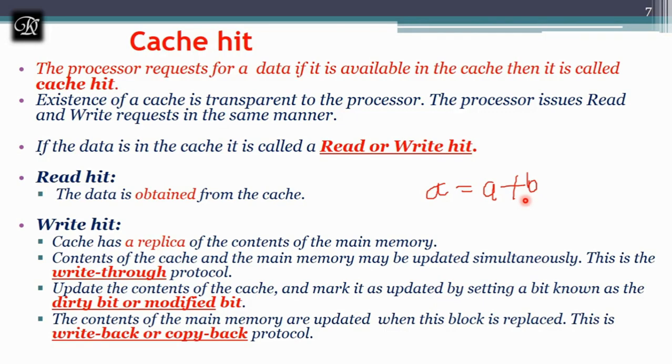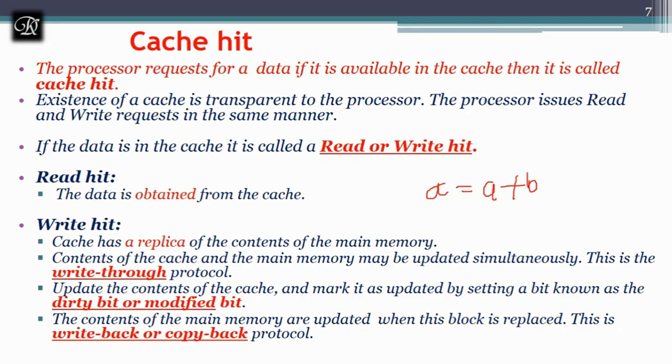Now I need one more indication through which I can recognize that this is updated. For that I am using an additional bit called the dirty bit or modified bit. The job of this is to tell that the data is modified. Once I notice the data is modified, while replacing the block from the cache, I have to update the RAM content so that the 30 is updated in the RAM too, and I will replace the new block into the respective modified block.